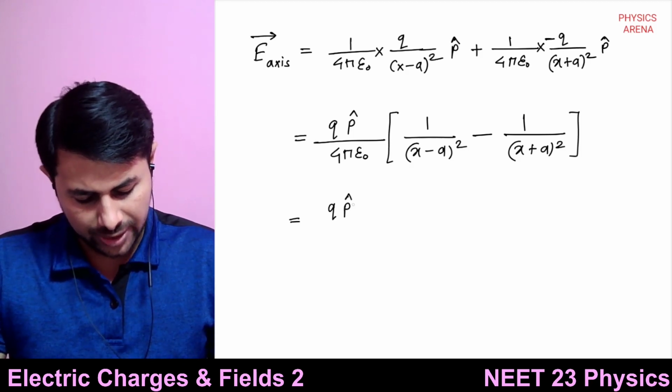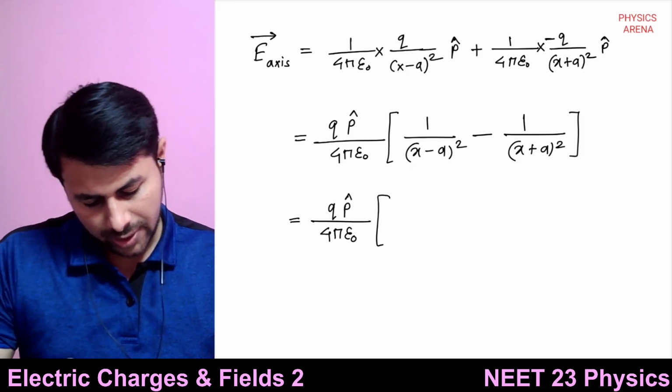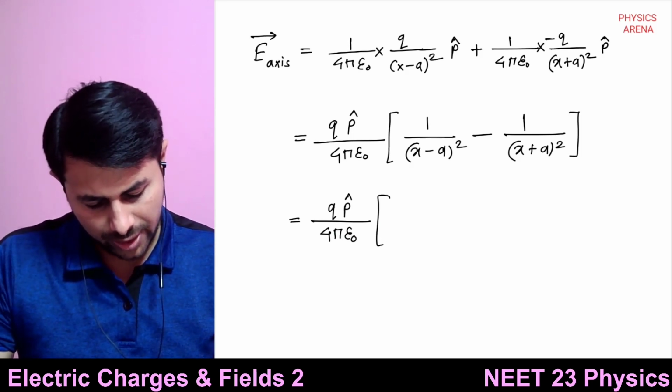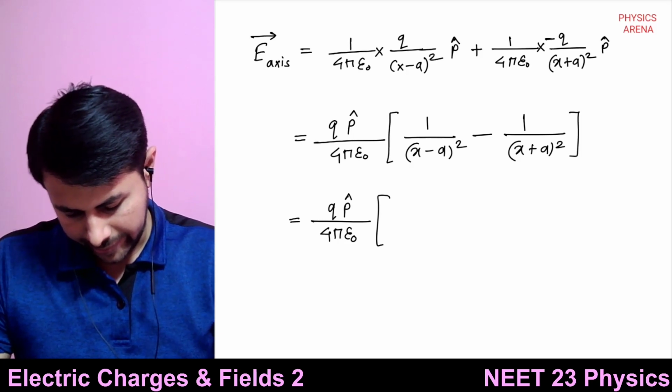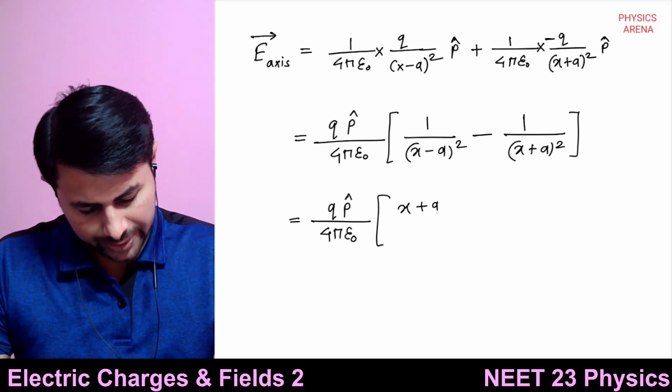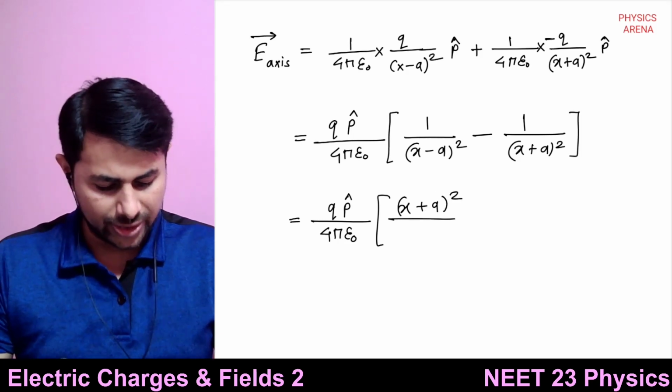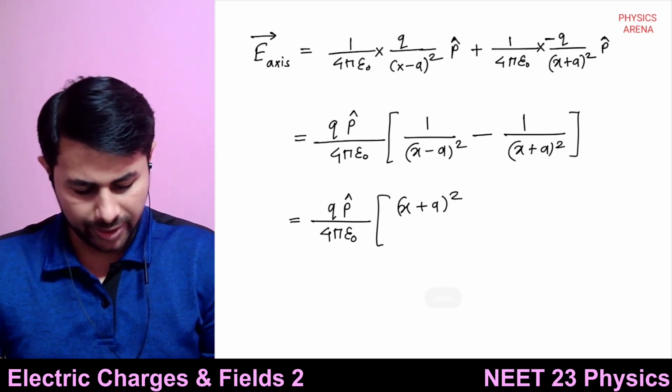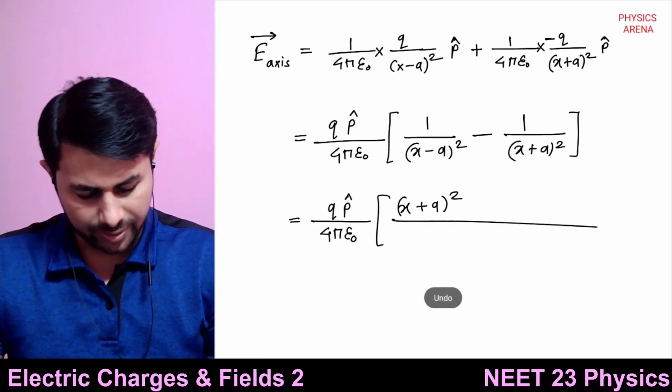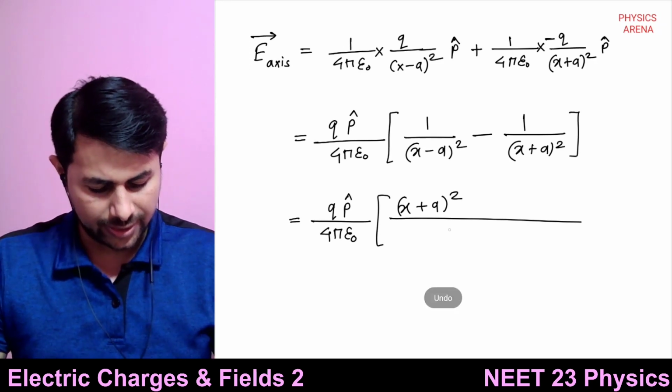We get q p cap divided by 4 pi epsilon naught multiplied by, you have x plus a square. We are multiplying first term by x plus a square and second term with x minus a square.